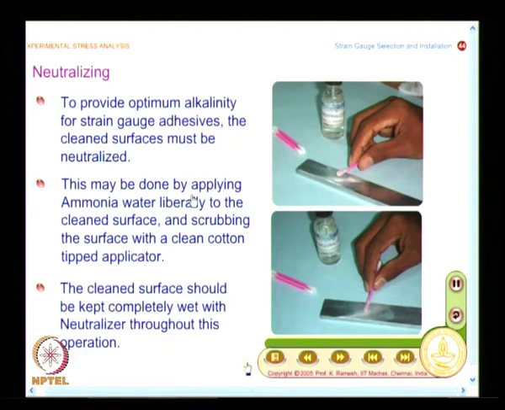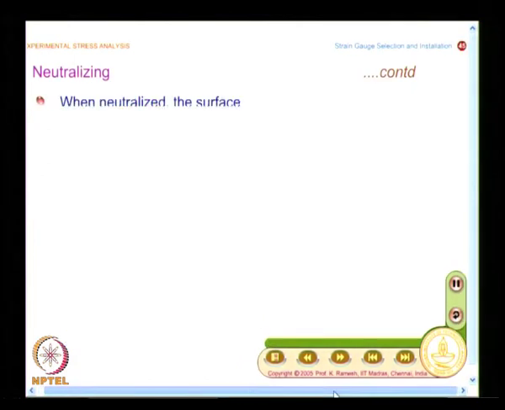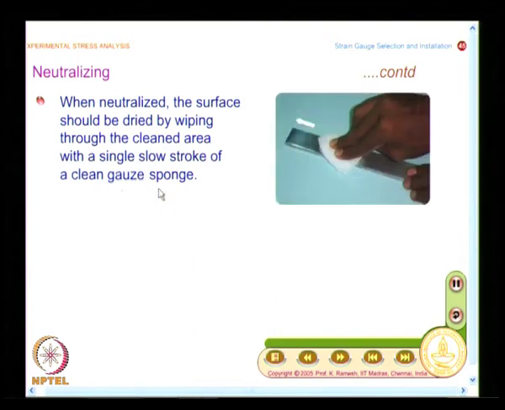This can be done by applying ammonia water liberally to the clean surface and scrubbing it with a clean cotton tipped applicator. Here again you must keep the surface wet with neutralizer, and as before wipe it dry with a slow stroke of clean gauze sponge.